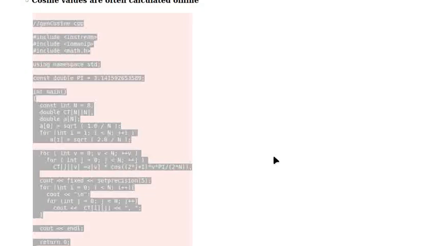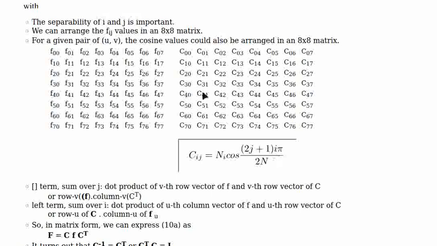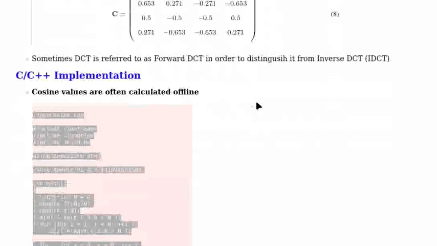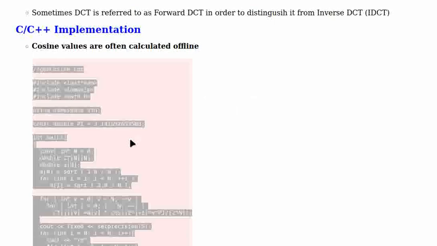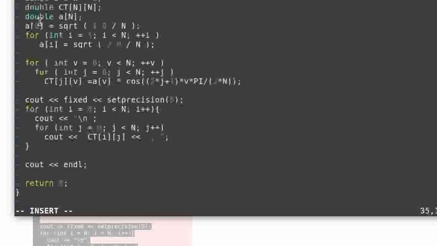This is a C program that generates the C matrix values here. Actually, it is the transpose of the C matrix, CT. So let's copy this, and we call this gen cosine .cpp, and paste this.